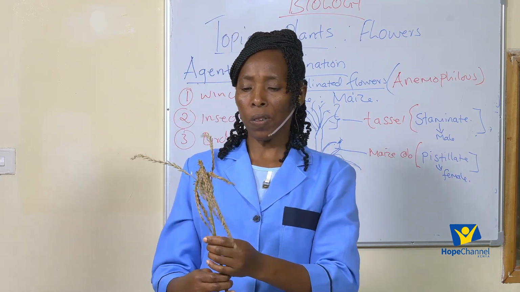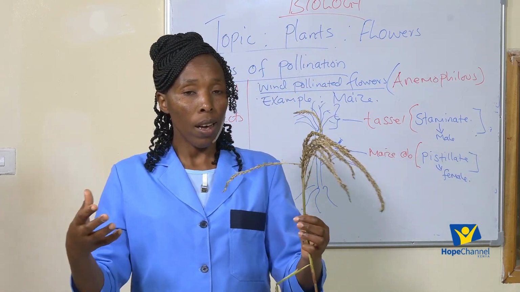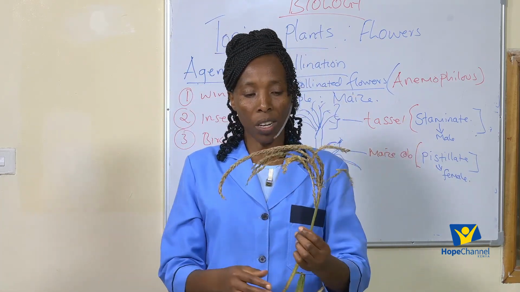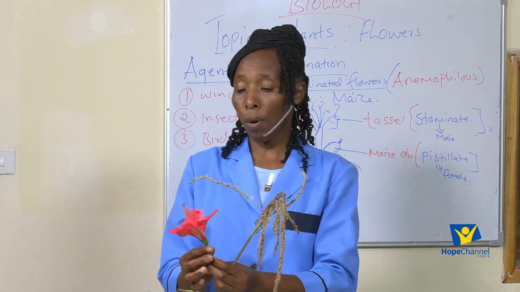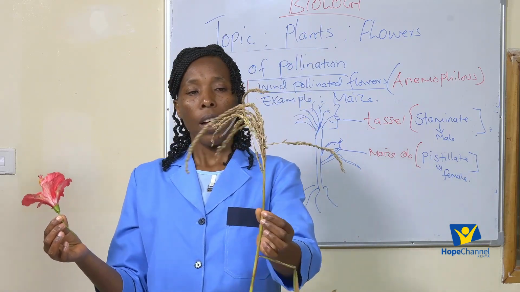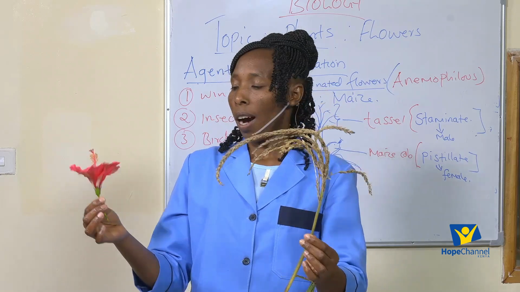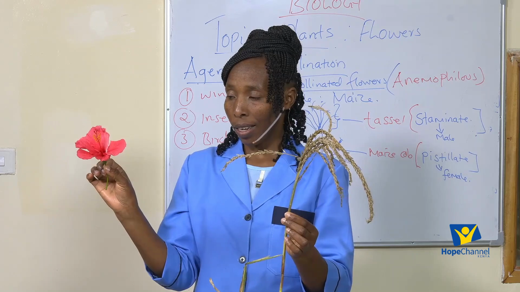their petals, they are dull. Remember we said in insect-pollinated flowers, the petals are usually brightly colored to attract insects. Like now here I have an example of an insect-pollinated flower. So if I look at this part of the flower and this one, what do we see? This one is colored.